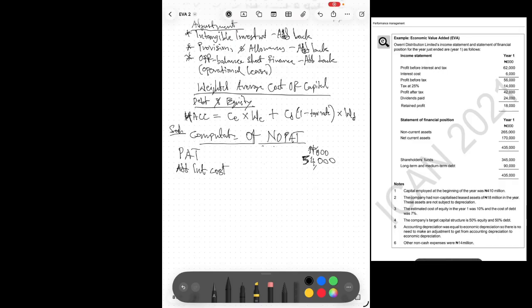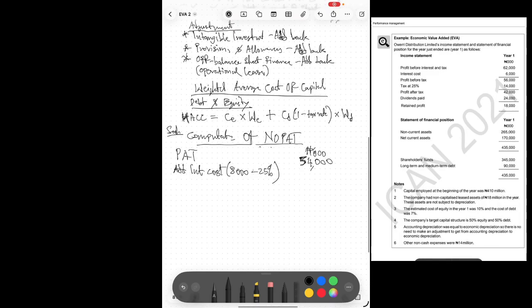So the interest cost is 8,000 from the question. I remove the tax effect of 25%, minus 25% tax. If we remove the 25%, what will be left is 6,000.